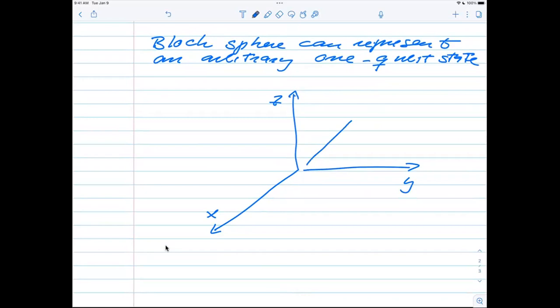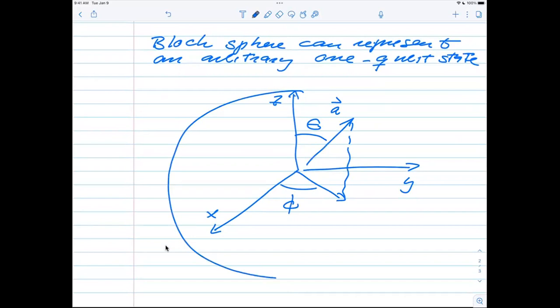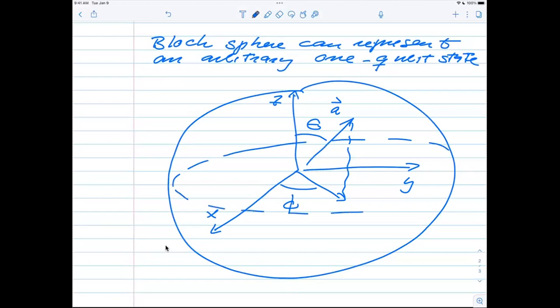If you think of a general vector, let's call this vector A. It has a projection on the z-axis, which is given by theta. And then we have a projection in the plane here, which is given by an angle phi. You've probably seen this thousands of times. Now we have a sphere like this, and this is also something which lives in the plane here. As I said, my drawing skills are not optimal.